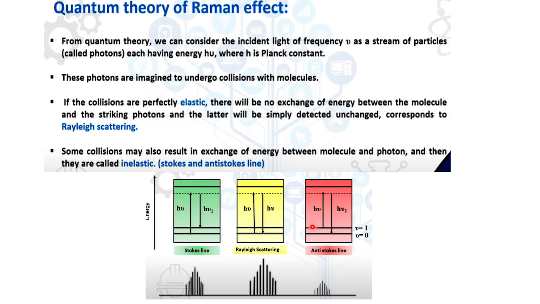So from quantum mechanics, we can also explain the Raman effect. From quantum theory, we can consider the incident light of frequency nu as a stream of particles or photons. Each photon has energy equal to h nu, where h is Planck's constant. Now these photons will undergo collision with your material.